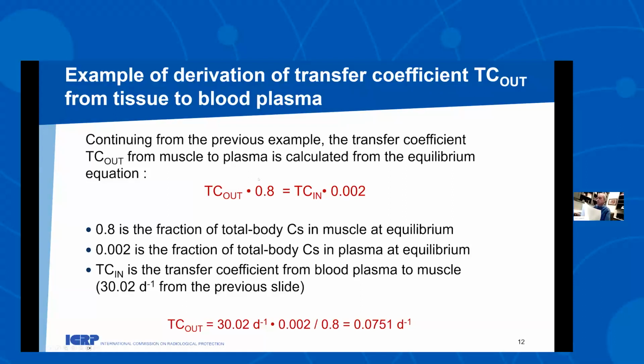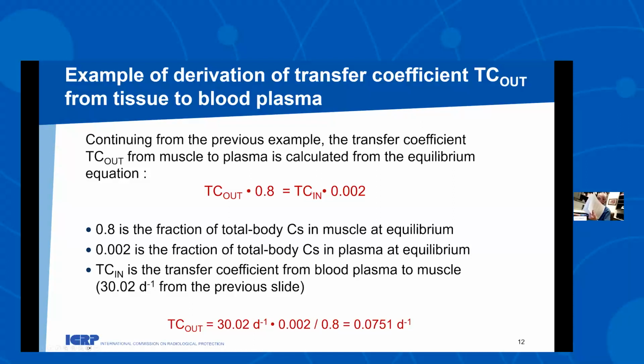Assuming chronic intake, when the body comes into equilibrium, the transfer coefficient out, meaning from skeletal muscle back to plasma, times the fraction of total body cesium in skeletal muscle at equilibrium, represents outflow from muscle to plasma.